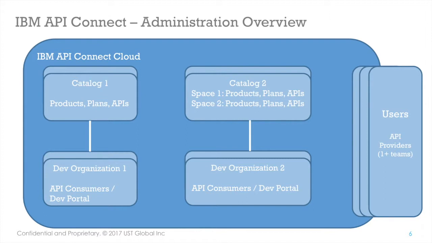We have the users, the API providers, let's say, those teams that are creating the APIs that we want to expose, that they are applying the different policies to the APIs. And then we can relate those users to the different catalogs and how they are seeing the different spaces as well.